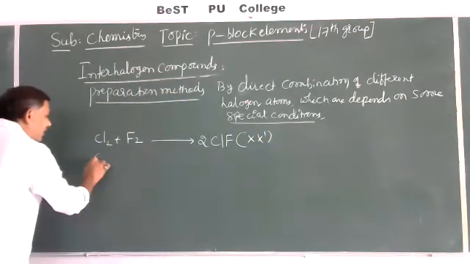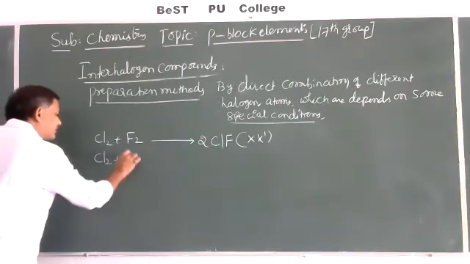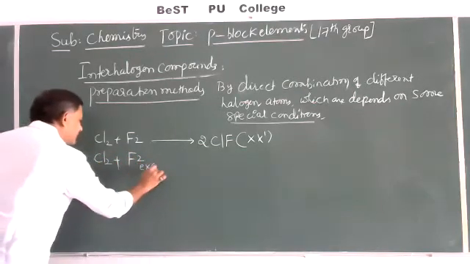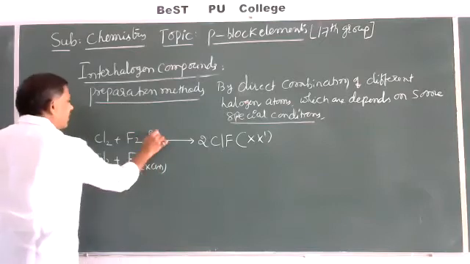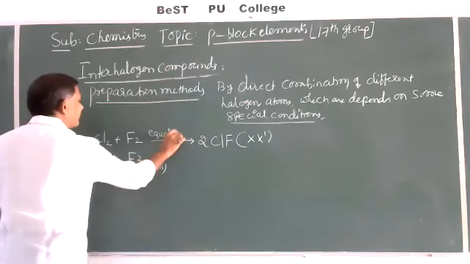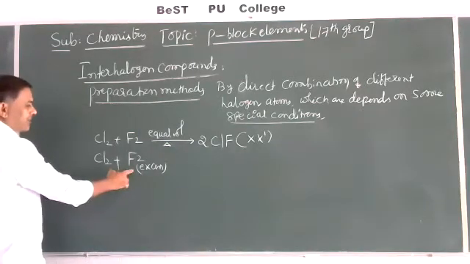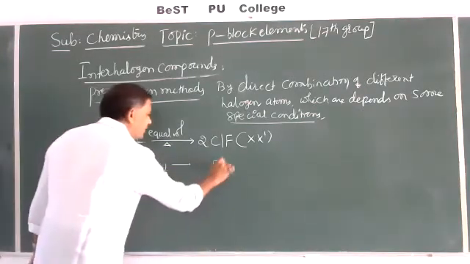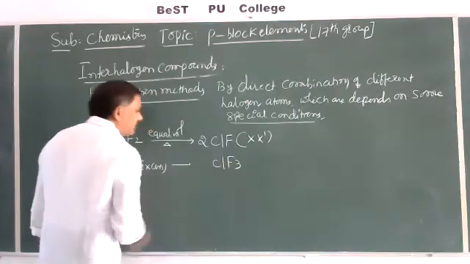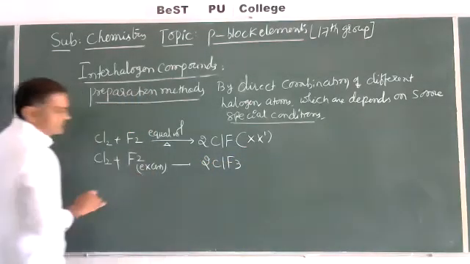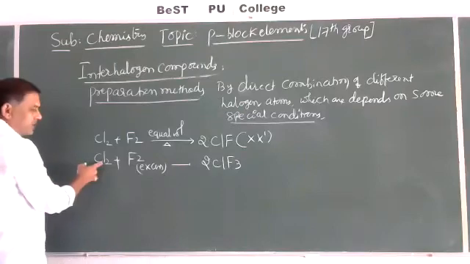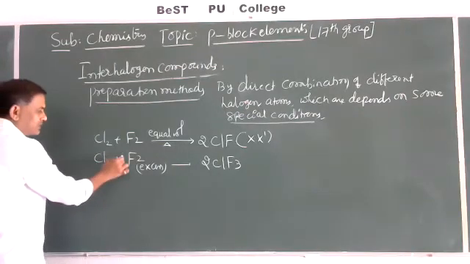If we take Cl2 plus F2, almost all equal volumes on heating. Now, if you take some excess, here we'll get ClF3. Now, here there are 2 moles. Now, Cl is balanced, but fluorine is 6. That's why I take 3 mole.